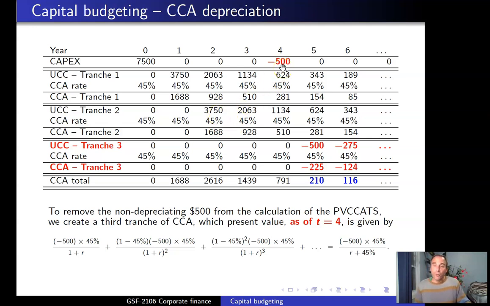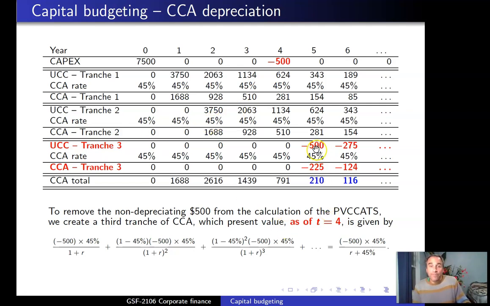Now, if the assets are sold at the end of year 4, there are going to be depreciation consequences in year 5. So when the assets are sold in this chapter, we assume they are sold on December 31st. So if I say assets are sold in year 12, that means they are sold on December 31st of year 12. So the depreciation impact of the sale of the asset will take place in the following year.